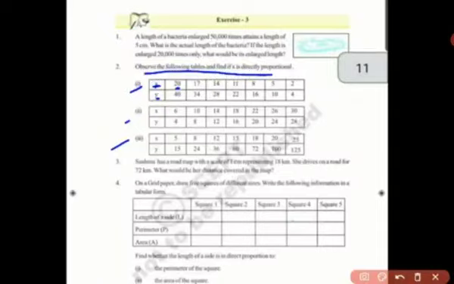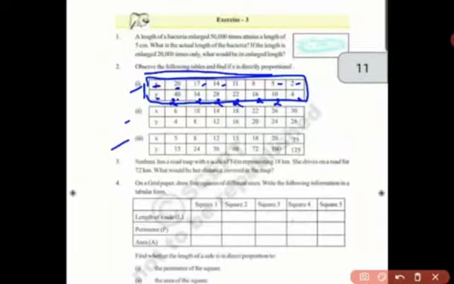So you can see it is 20 and this is 40. So 2 twos are 4, 17 twos are 34, 14 twos are 28, 11 twos are 22, 8 twos are 16, 5 twos are 10, then 2 twos are 4. So all these values in the table, x is directly proportional to y.